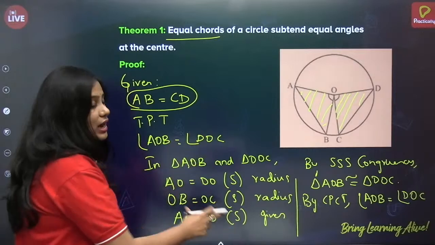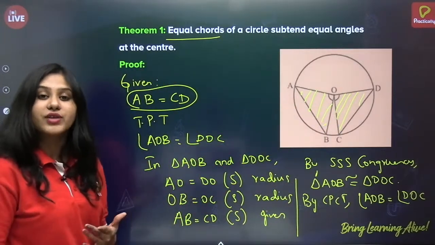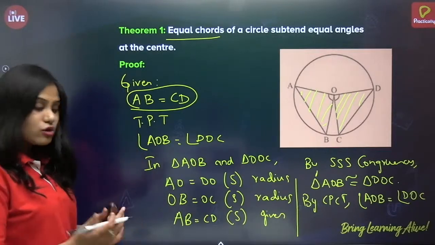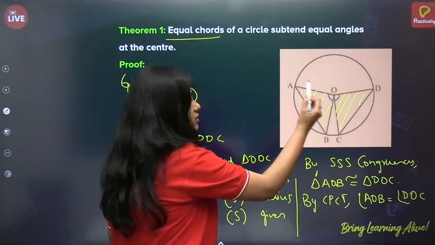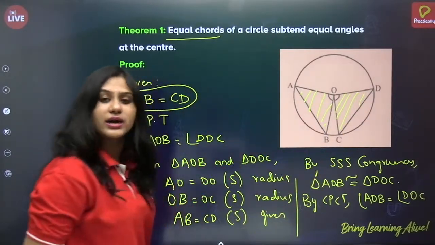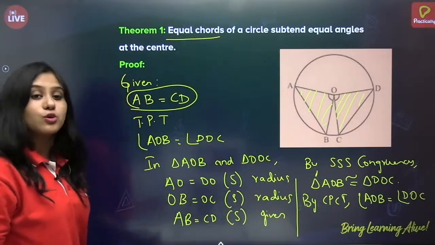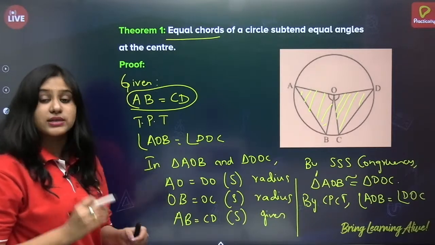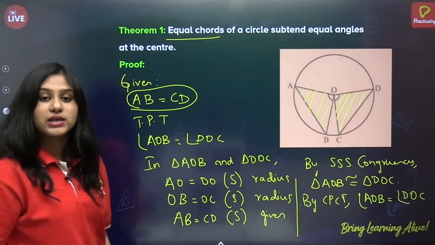Now, what are we considering? We are considering these two triangles and we'll check if they are congruent. So, they are congruent by SSS congruency. How? Because OA is equal to OD, which is radius. OB is equal to OC, again radius, and it is given that these two chords are equal. So by SSS congruency, we say that these two triangles are congruent.